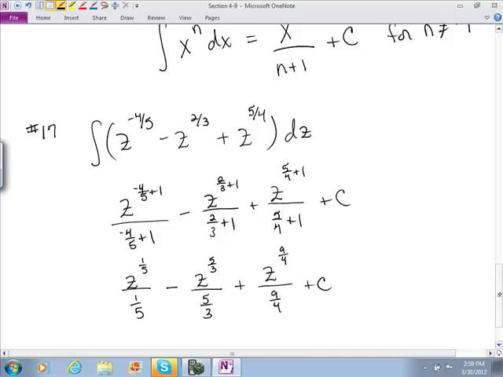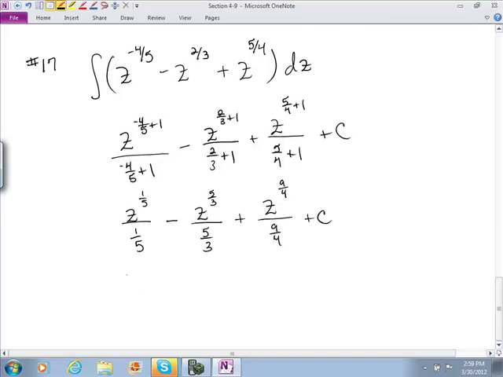And a lot of times I don't show this many steps, but of course we would flip this fraction in the denominator. So this is 5z to the 1/5 minus 5/3 z to the 5/3 plus 4/9 z to the 9/4 plus c.